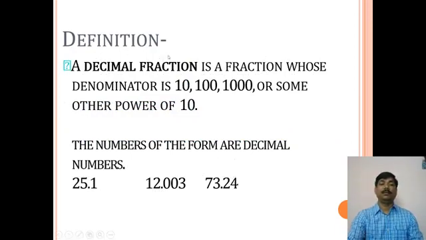How do we define a decimal number? A decimal number comes from a decimal fraction. As in the chapter on fractions, a decimal fraction is a fraction whose denominator is 10, 100, 1000 or some other power of 10.